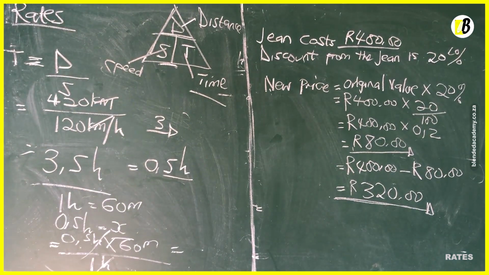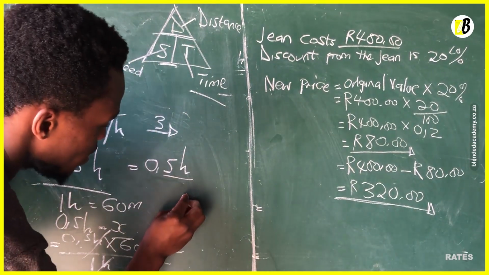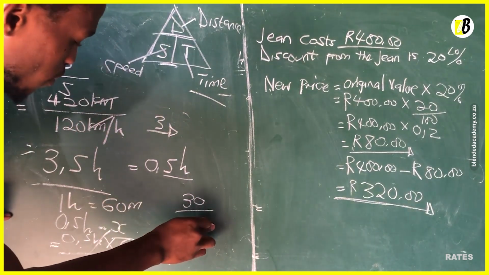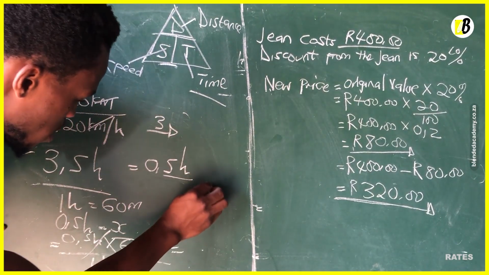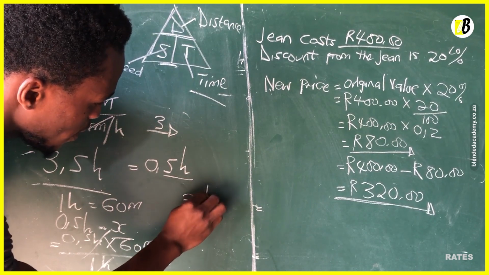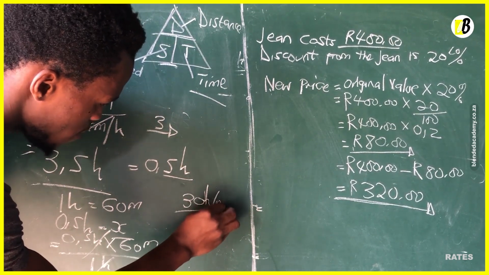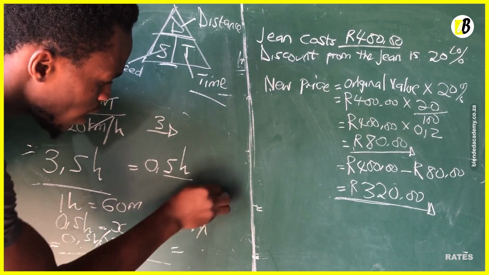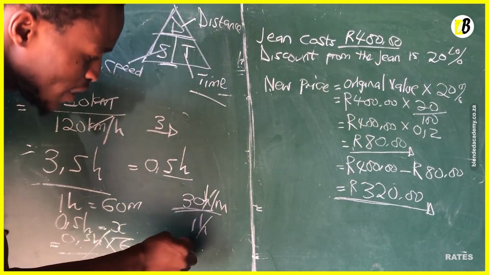0,5 multiplied by 60 gives us 30 minutes. And then down here we still have our hour and 1 hour. Hour and hour cancel each other.